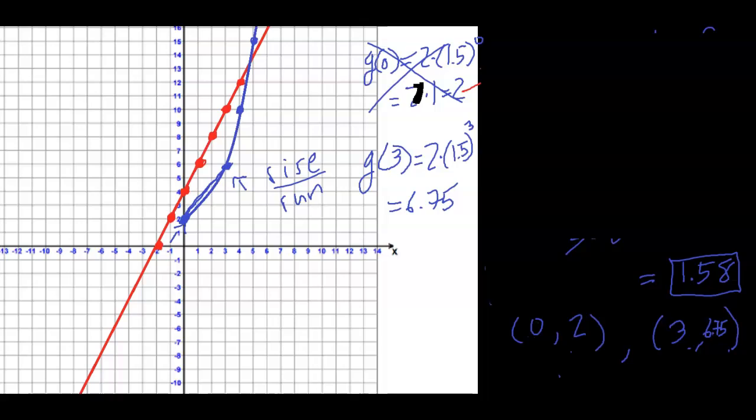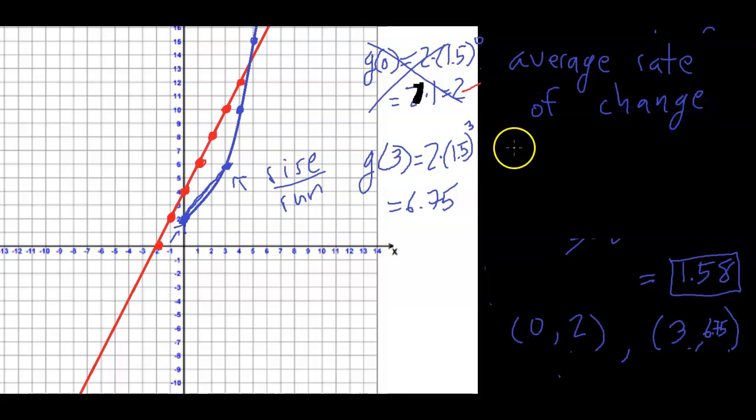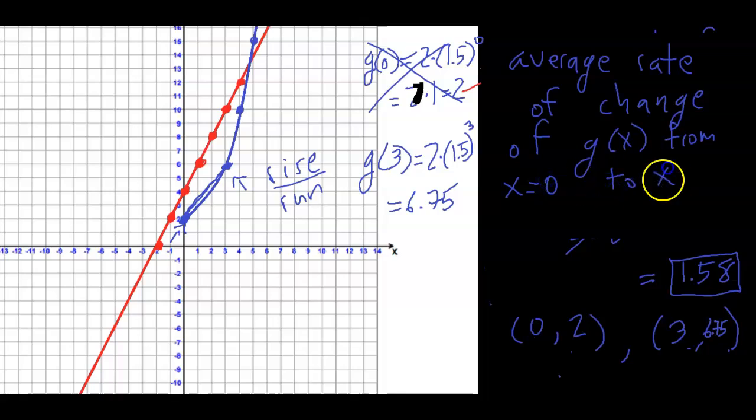We can say that the average rate of change of g of x from x equals 0 to x equals 3 is positive 1.58, okay?